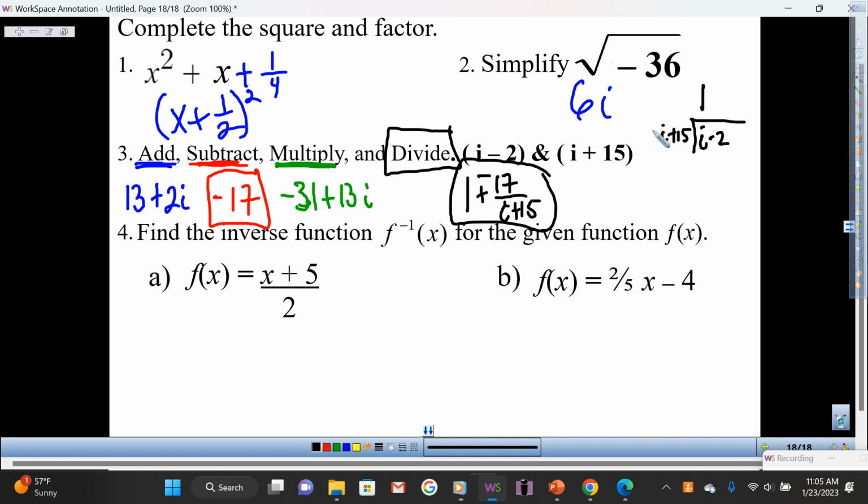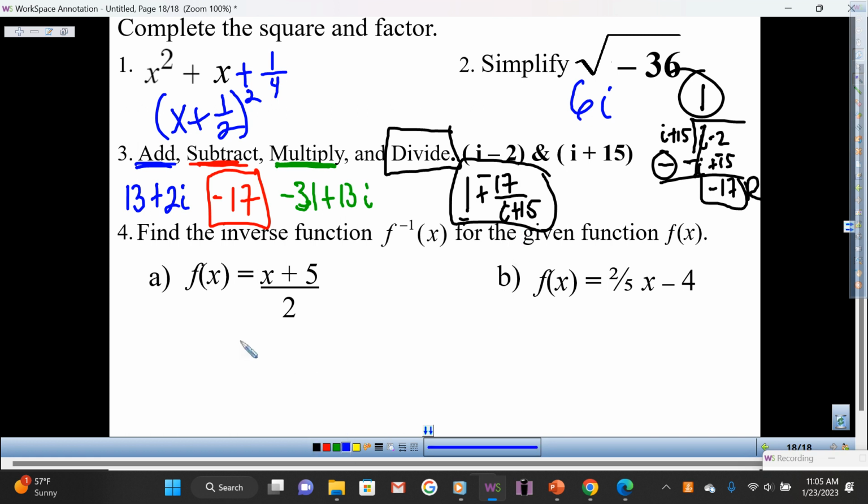It fits in there once. 1 times i is i, 1 times 15 is 15. We subtract, which means we distribute that negative here and here. This cancels. We're left with negative 17 as a remainder. So therefore, 1 is here, negative 17 there, and our divisor down here.